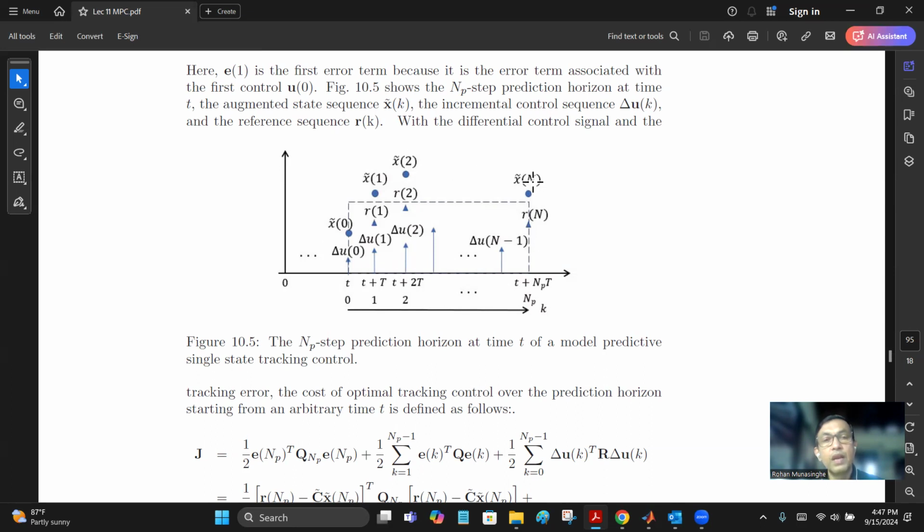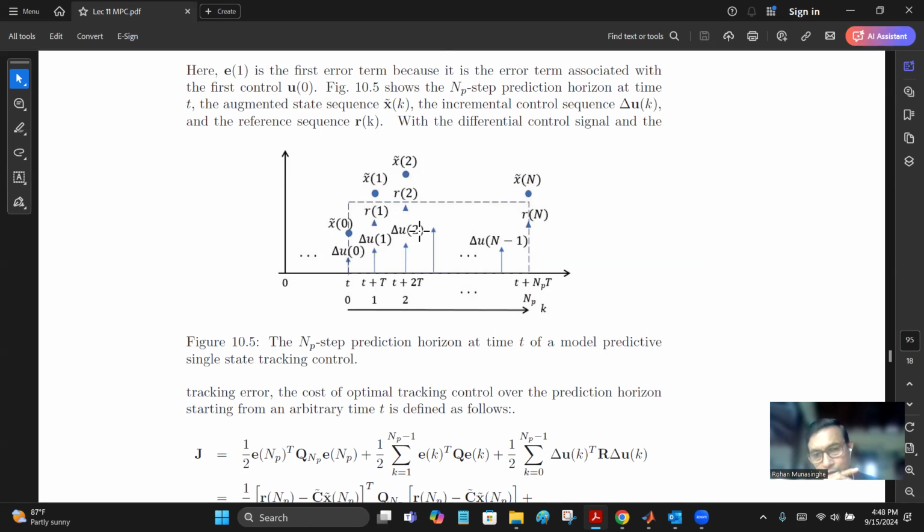And for each of these states you have y0, y1, y2, y3, and so on. You have the references R1, R2 up to Rn, errors E0, E1, E2 up to EP, and delta U0, delta U1, delta U2, and so on, all of the incremental control signals.